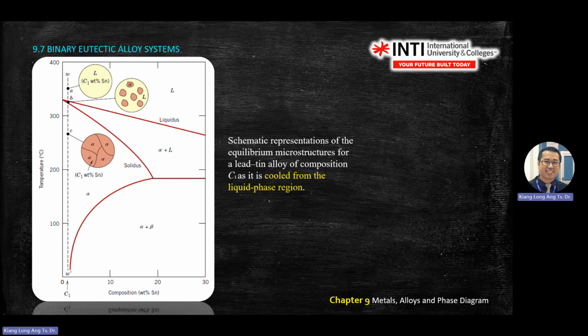So you have liquid and alpha. So alpha will be, maybe I just put 5, so here you got 5% SN bracket. Liquid will be 18 or 19, 18% SN. Okay. Liquid, liquid.